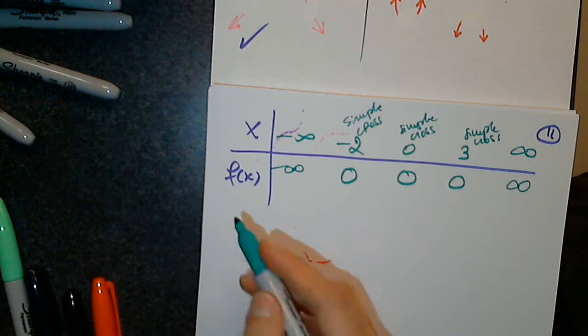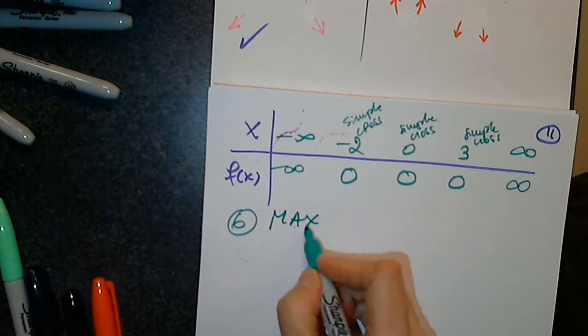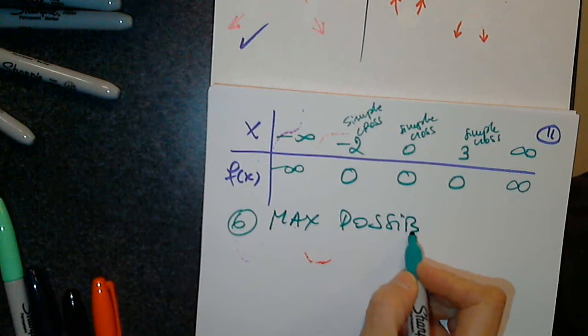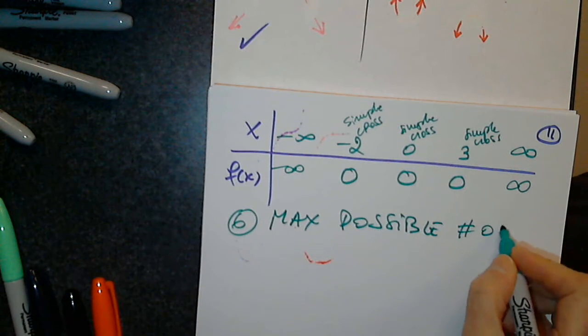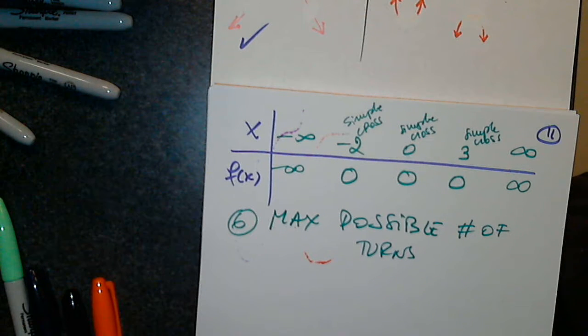Number 6. Maximum possible number of turns. Don't say anything, please. Let's analyze and we'll talk about it in a second. So, linear function, what is its degree? 1. What is the maximum possible number of turns? None.